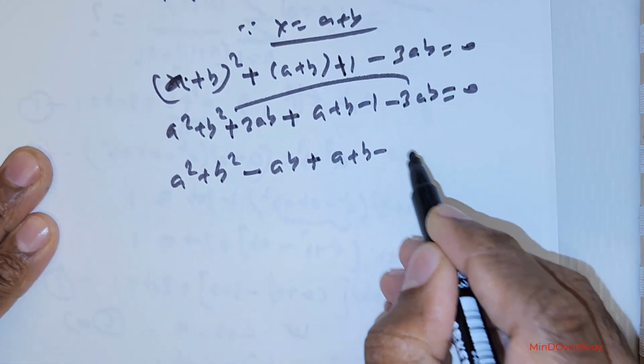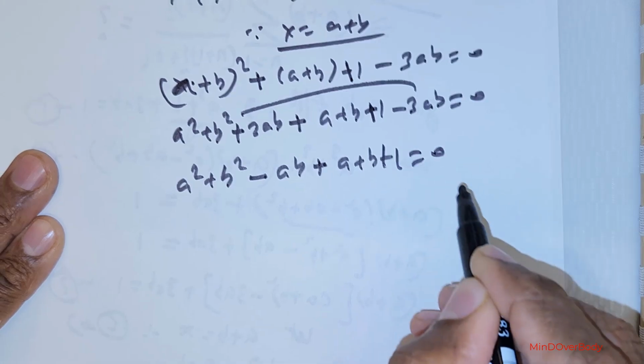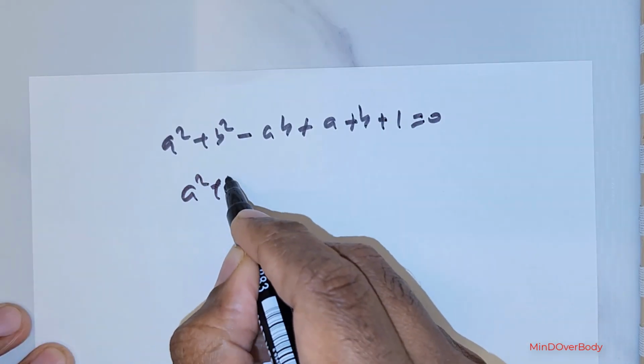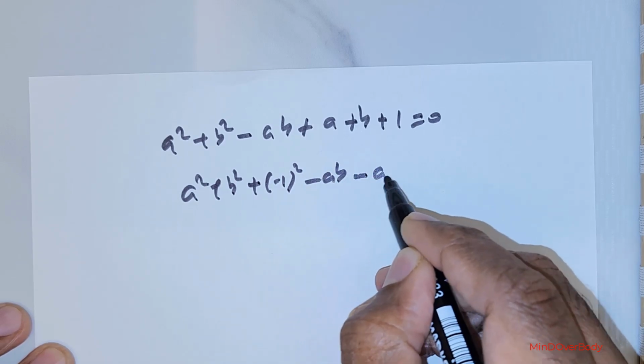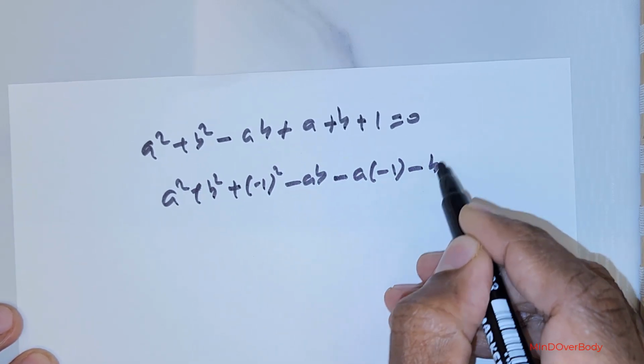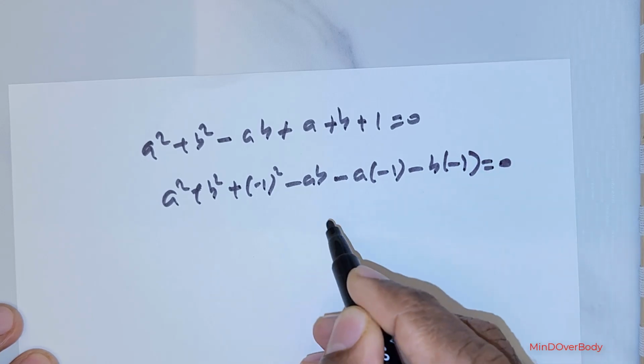So this is positive 1. Okay, so this is what you got: a² + b² + (-1)² - ab - a(-1) - b(-1) is equal to 0.